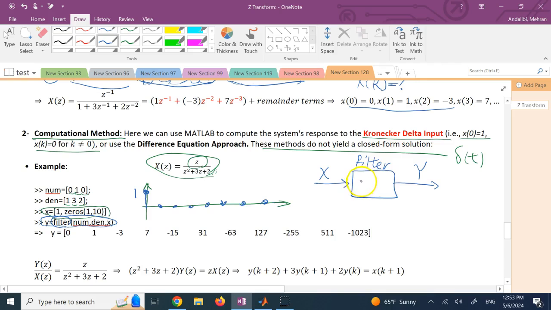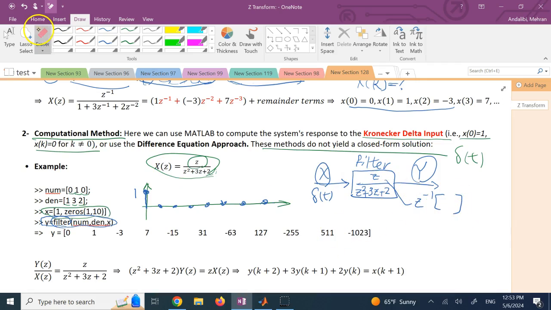That is, in this case, z over z squared plus 3z plus 2. Now, if this x is the delta function, then the y should be the same as basically the z inverse of that. Okay? Yes?